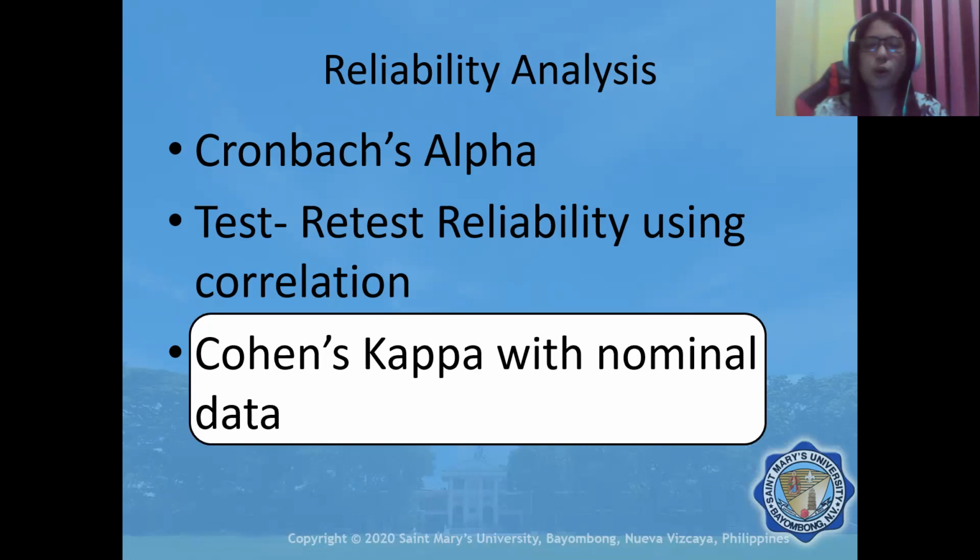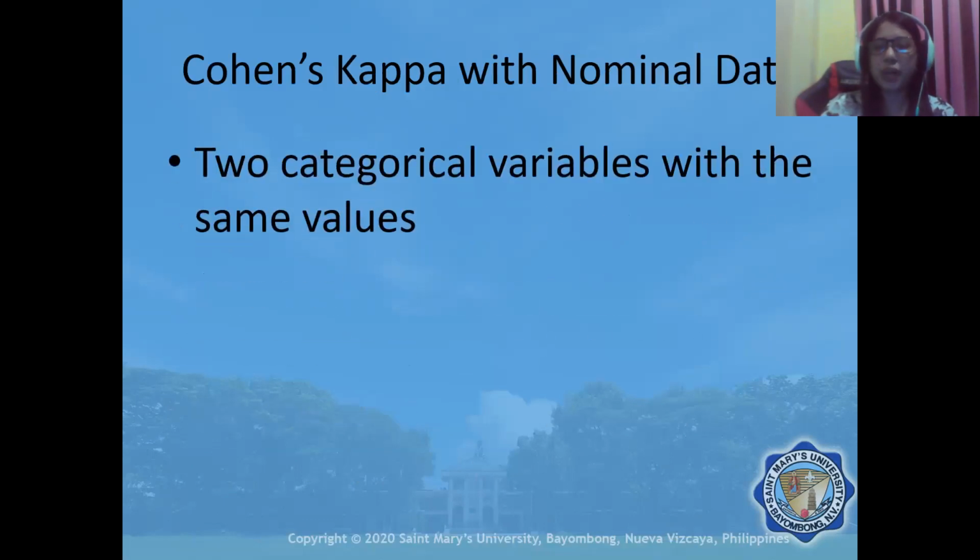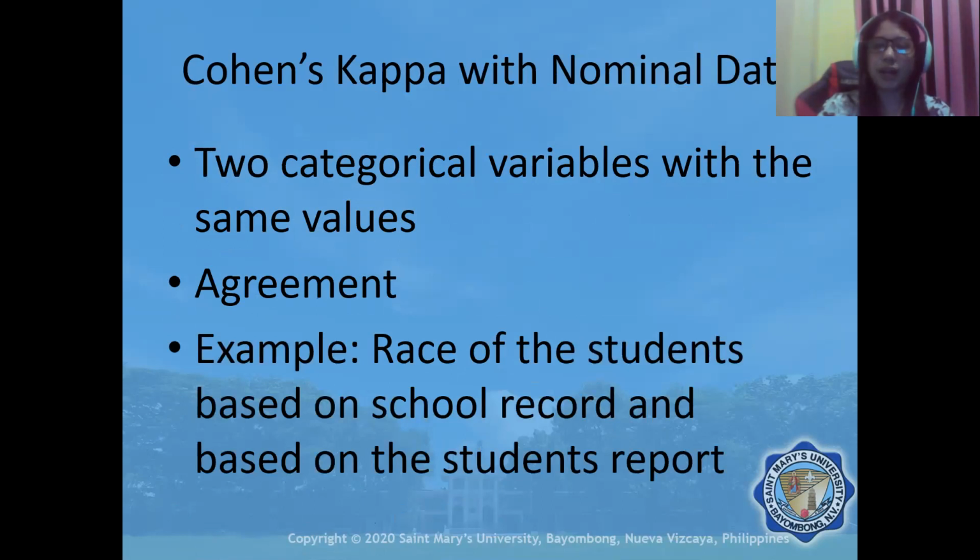So what is this Cohen's kappa? As emphasized here, it is for nominal data. Assuming that you have two categorical variables with the same values, you can measure the agreement. So this is an example. If you want to determine the reliability of the record against the response of the students.